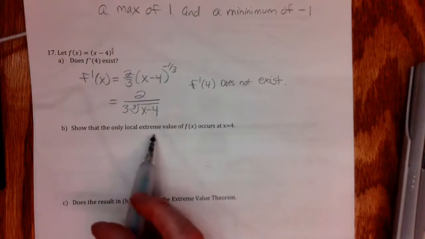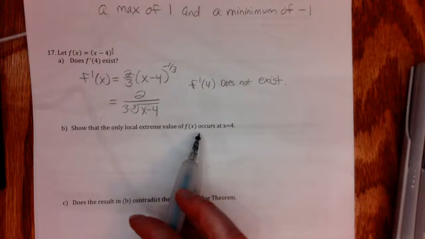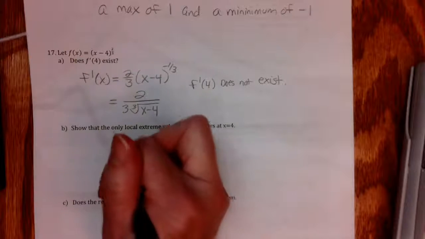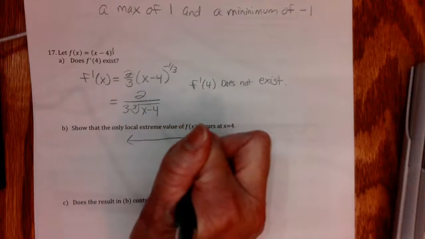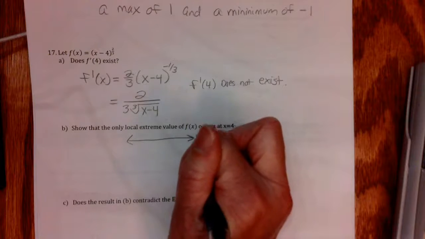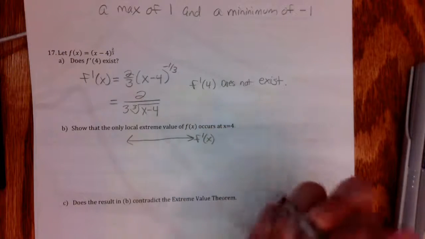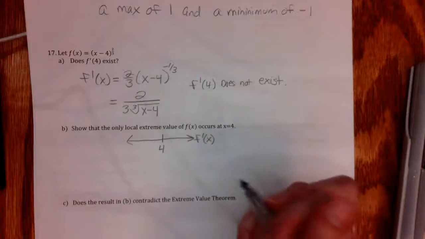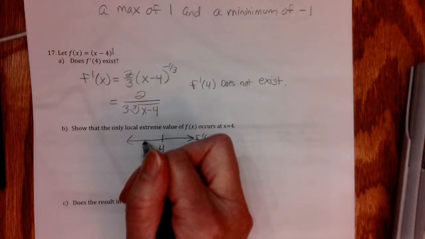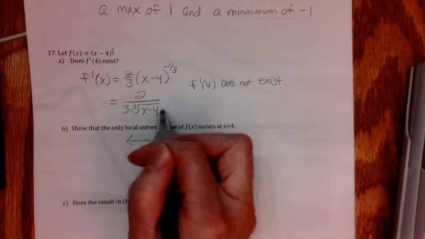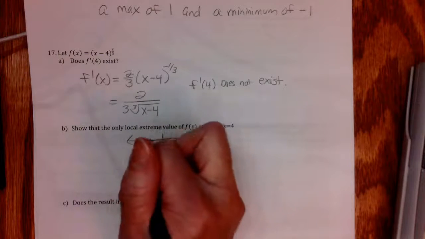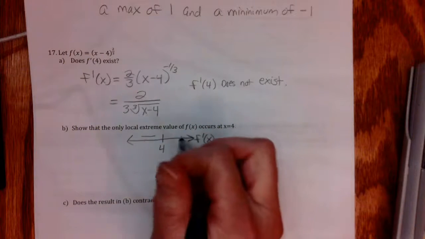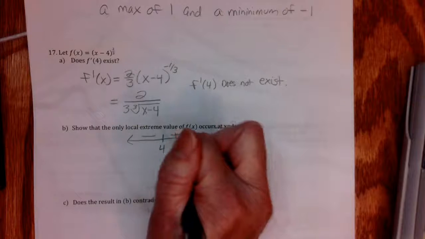Show that the only local extreme value of f of x occurs at 4. Well, to show that your extreme value occurs at 4, we're analyzing the derivative. Is the original function increasing or decreasing? That's what the derivative will tell us. If I plug in left of 4, if I plug in 0, then this is a negative, and I can take the cube root of a negative number. If I plug in a 5, I get a positive.